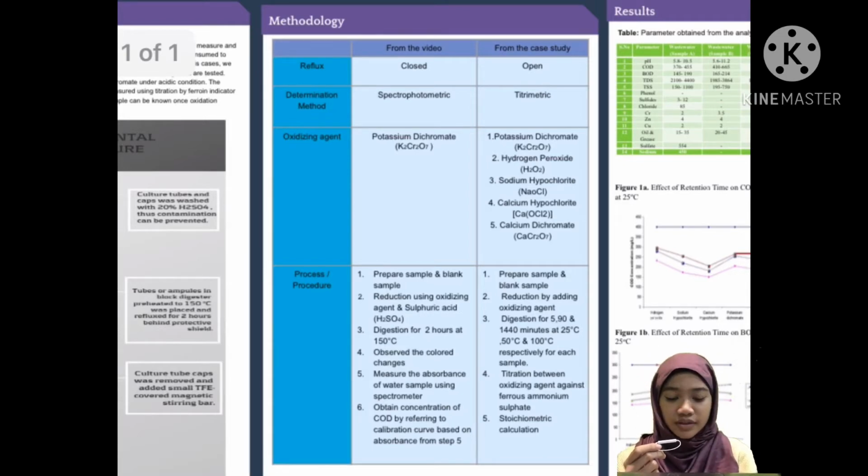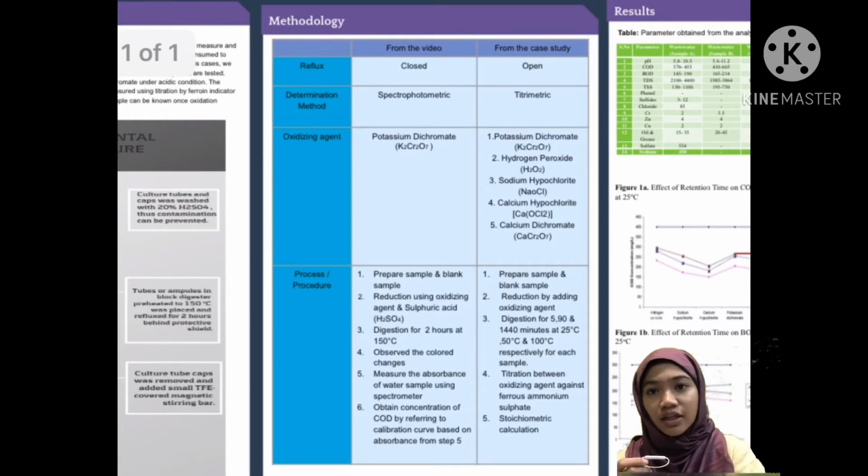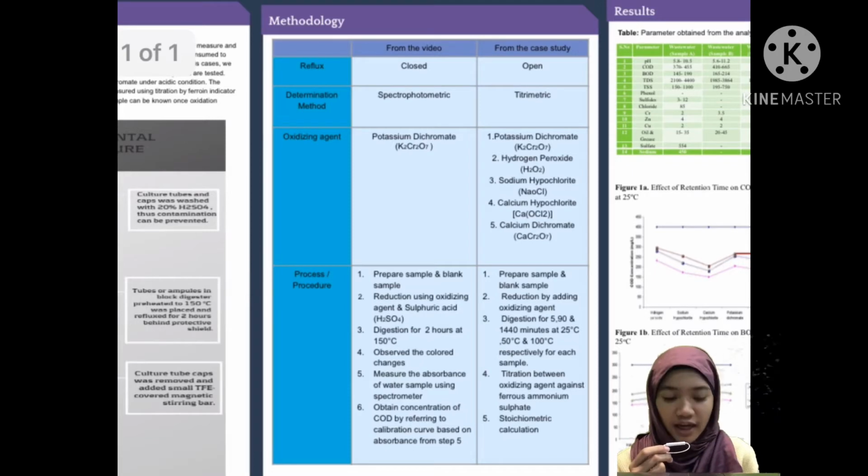at the process between these two experiments occur at the digestion method. There are 3 variables in the case study, which are retention time, temperature, and oxidizing agent.